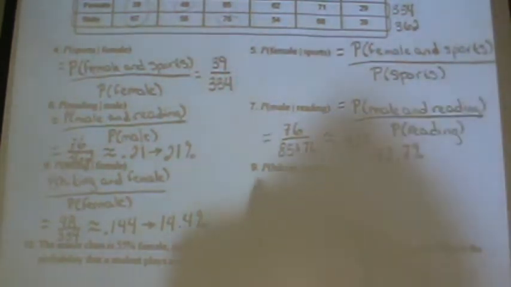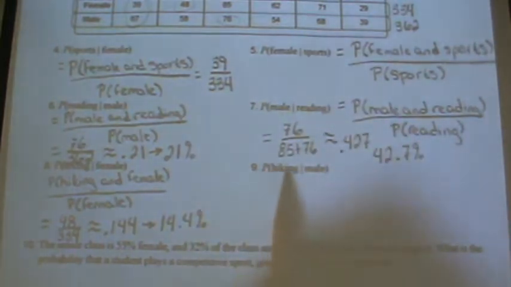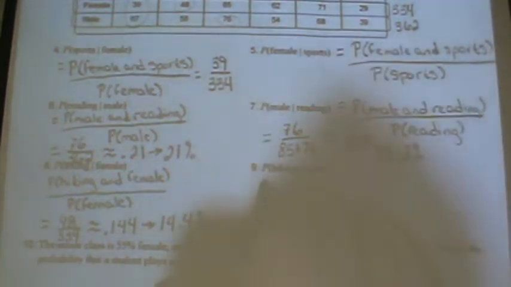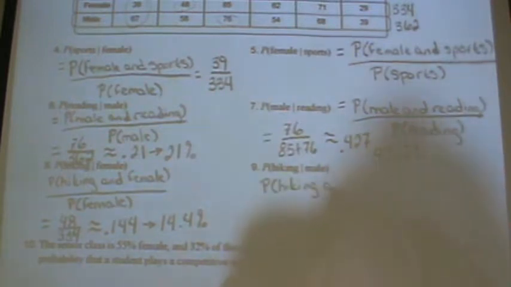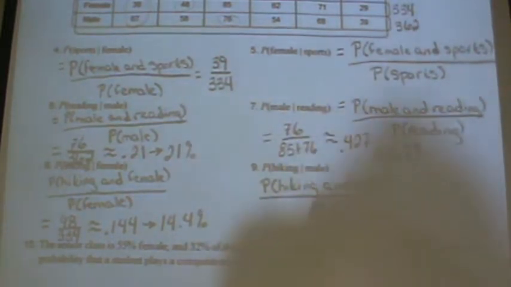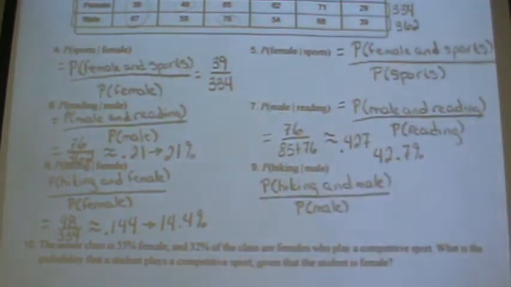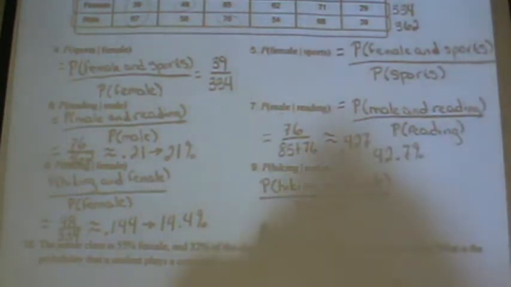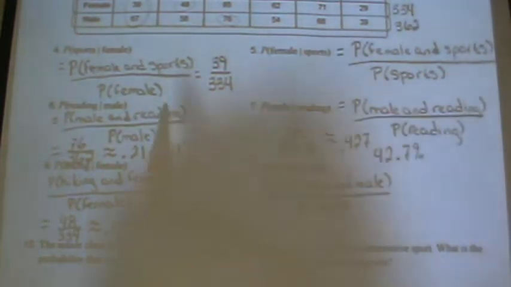And for number 9, we're looking for the probability of hiking given that you're a male. So putting this into the formula, we get the probability of hiking and male divided by the probability of male. So plugging in our numbers, we go to the chart and look for hiking and male.